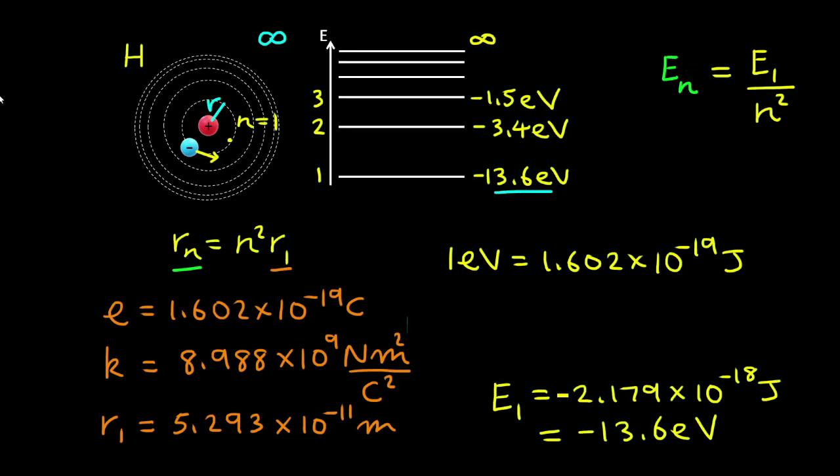So in other words, if the electron absorbs a photon with energy of 13.6 electron volts, the electron gets ejected from the atom. Now the electron has to absorb a specific amount of energy to jump from the ground state to an excited state. So to jump between these energy states, it has to absorb an amount of energy equal to E2 minus E1.